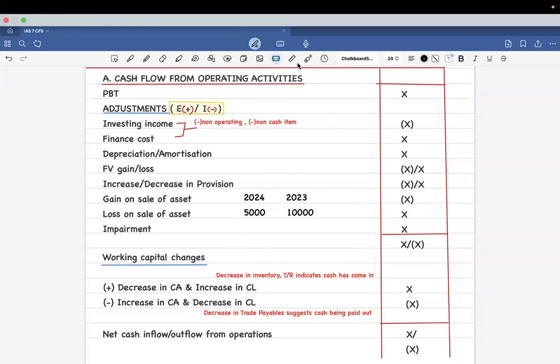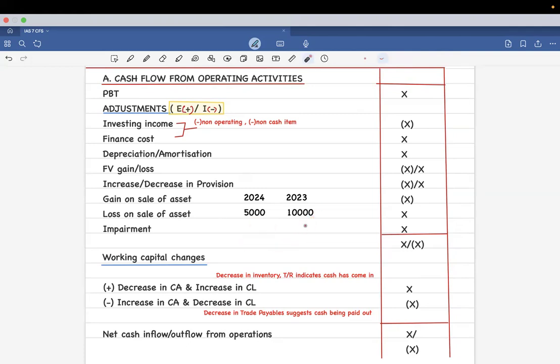So the inventory which was 10,000 became 5,000. Basically, what would have happened? We would have sold the inventories, right? So if we sell the inventories, we get cash inflow. Hence cash inflow should be added.